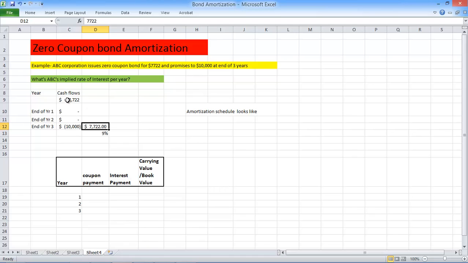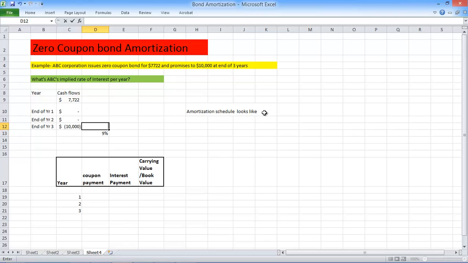They have to pay interest, but there's no interest. At the end of year three, they have to pay $10,000. But when I say there's no interest, there is actually an interest.